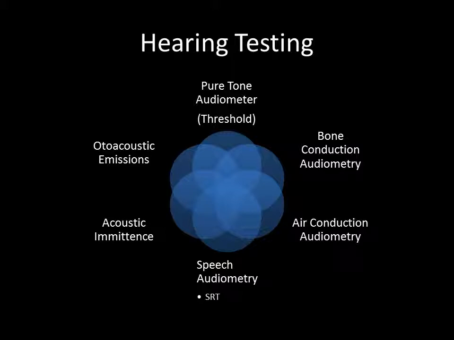Acoustic immittance is described as the transmission of energy examined as a function of the resistance present within the middle ear, or the ability of the middle ear to allow sound to pass, which is acoustic admittance.